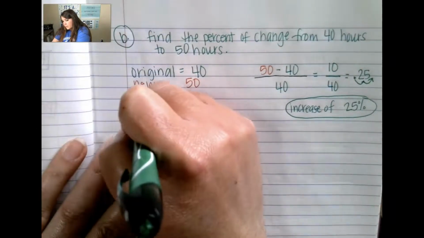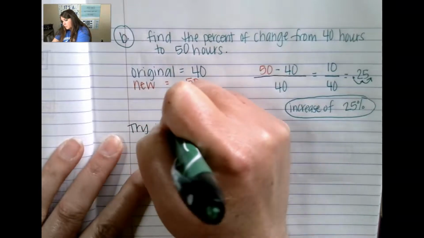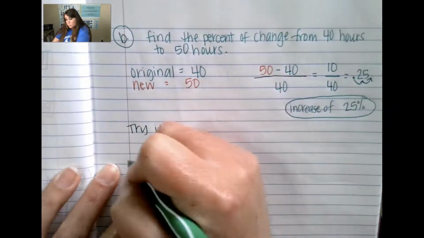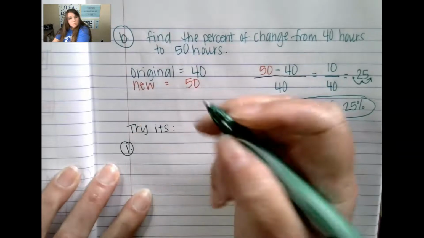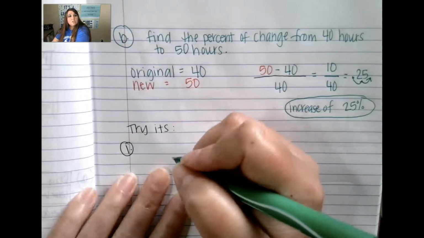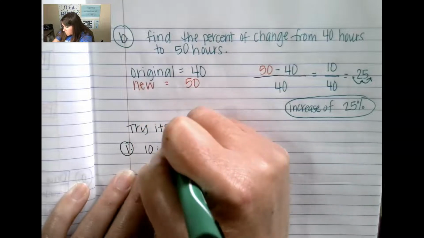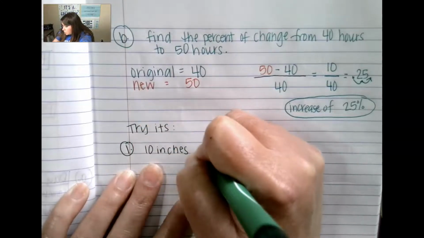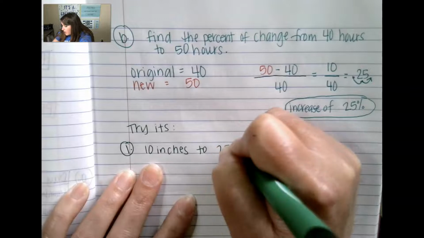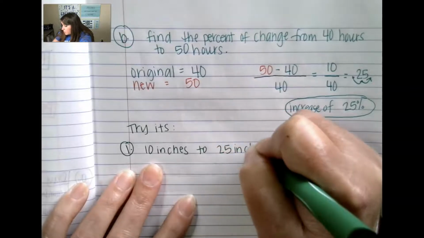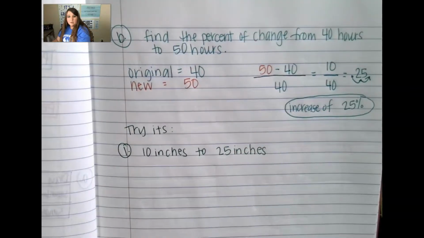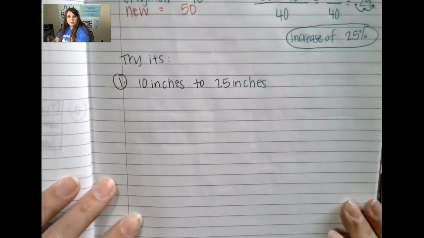All right, it is your turn now for some try-its. So let's go ahead and do our try-its. So try-it number 1. Try-it number 1 gives us 10 inches to 25 inches. So we grow from 10 inches to 25 inches. Tell me the percent increase. What is the percent of increase?